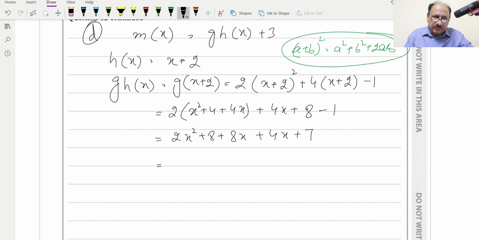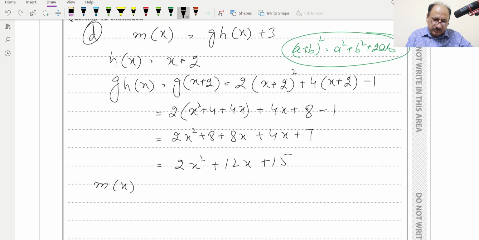Now we can simplify this. This will be 2x squared, 8x plus 4x will be 12x, and this will be plus 15.